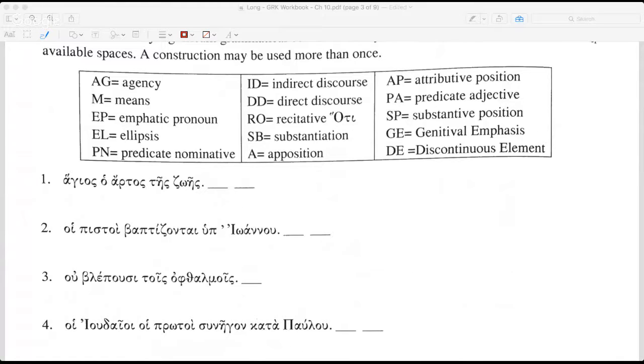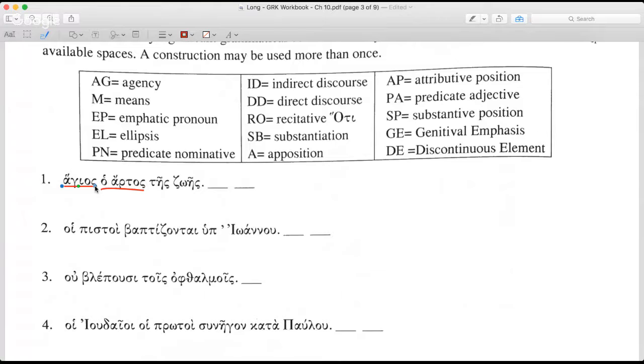What do we identify after verbs? Nominatives or subjects? Yep. And do we have any nominatives? Yeah, ho artos. A pretty obvious one. What else? We have an adjective in the nominative form.